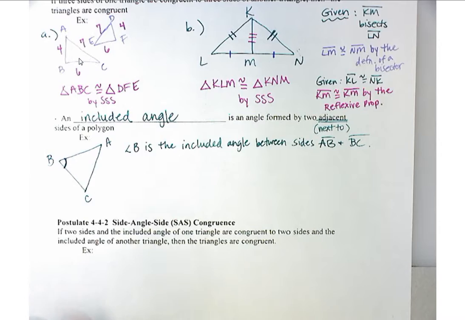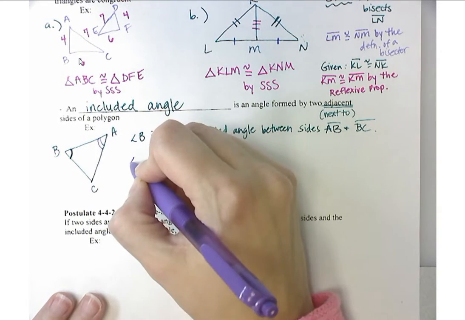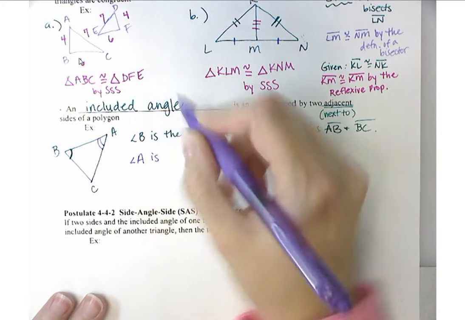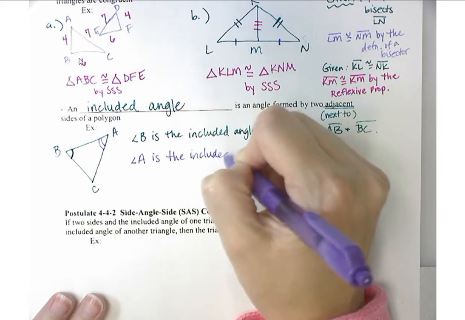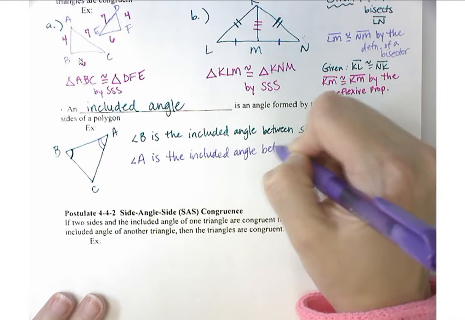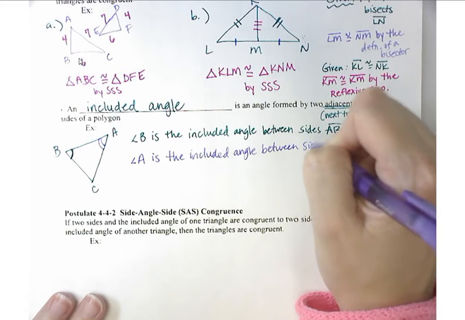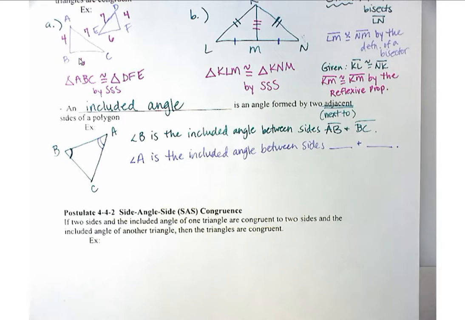I want you guys to tell me what angle A is the included angle for. So angle A is the included angle between sides blank and blank. And you're going to fill in the blanks.